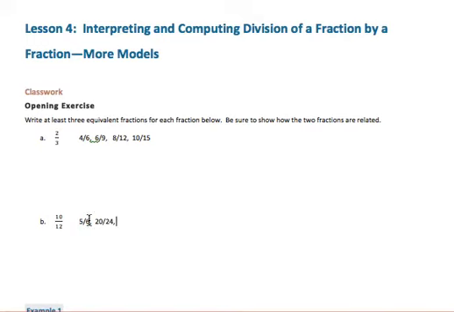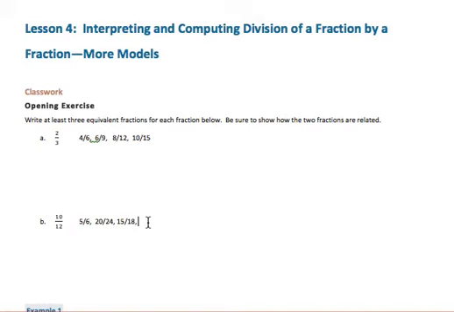Interestingly enough, when we find an equivalent fraction, we can make more equivalent fractions from the equivalent fraction. So we could take 5/6 and multiply both the numerator and denominator by 3, and that would give us 15/18. One more example.